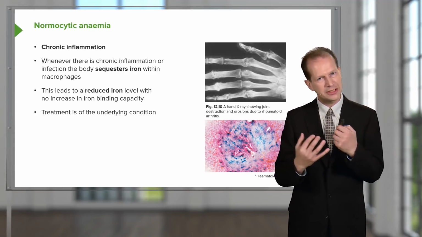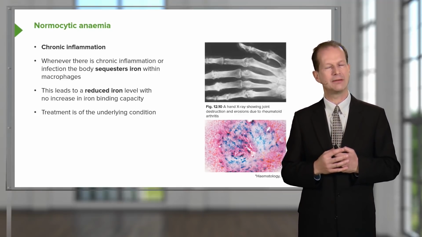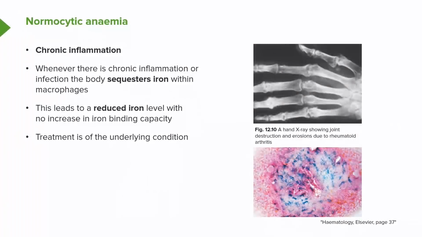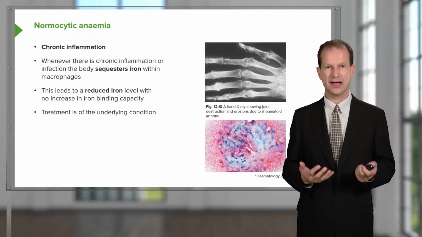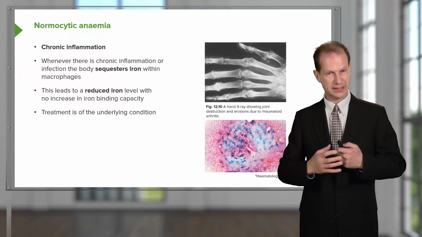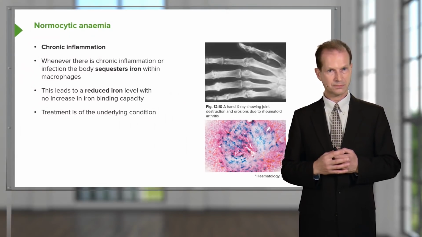It starts to shut down the flow of iron within the body. Now, this leads to a reduced iron level in the blood and a reduction in hemopoiesis. Now, you might ask, why on earth does the body do this? Well, it's almost certainly a physiological, evolutionarily selected mechanism to limit the amount of iron available for pathogens like bacteria. Iron helps bacteria to divide, and here is a mechanism of hiding it away from bacteria.